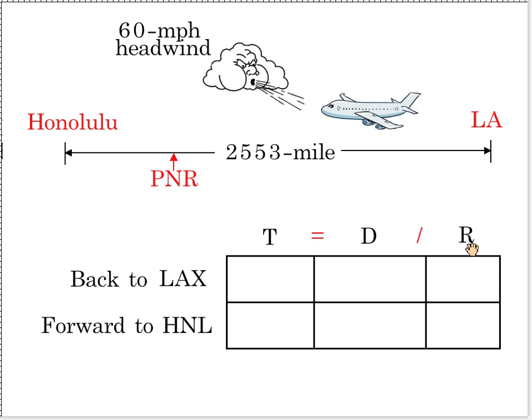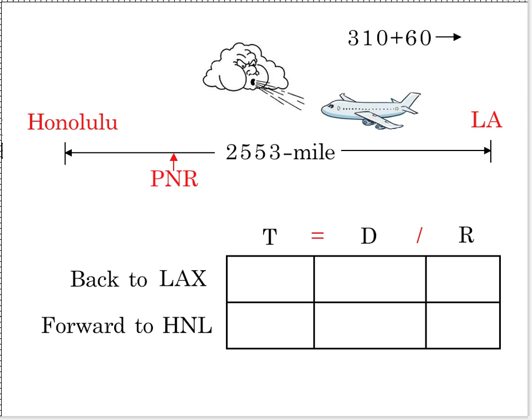And for the rate, let's keep in mind that we're talking about returning to Los Angeles. We know the plane's speed in still air is 310 miles per hour, and we know the plane now has a tailwind of 60 miles per hour. And so that lends itself to this idea of an addition of those two numbers. And that would be the rate if he decides to return to Los Angeles from the point of no return.